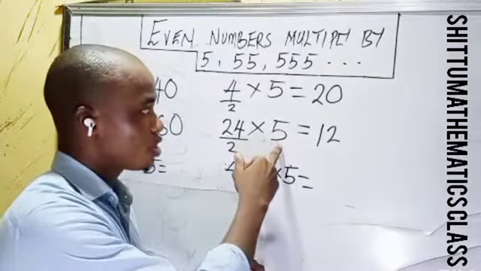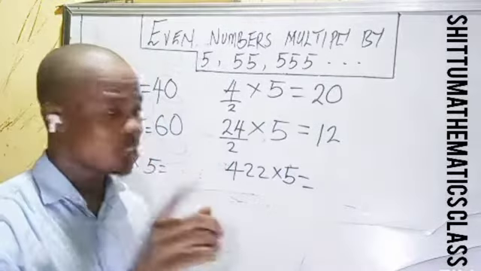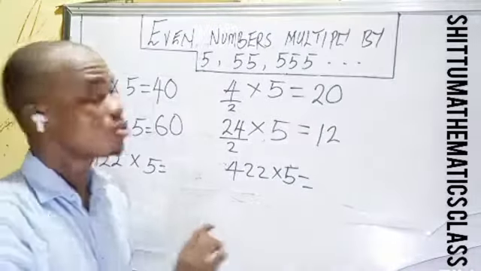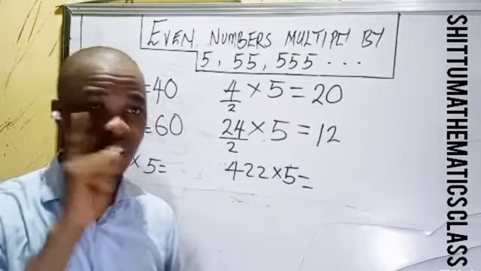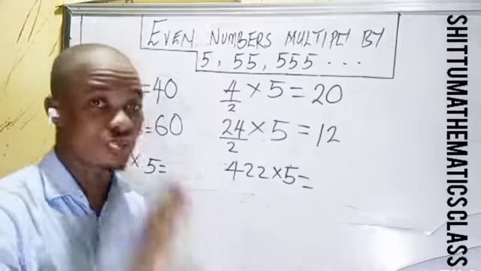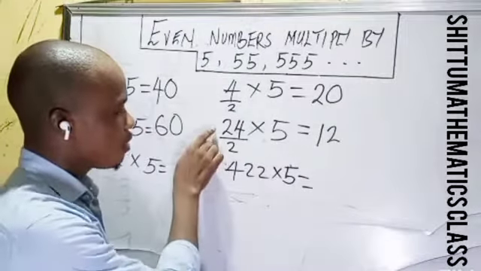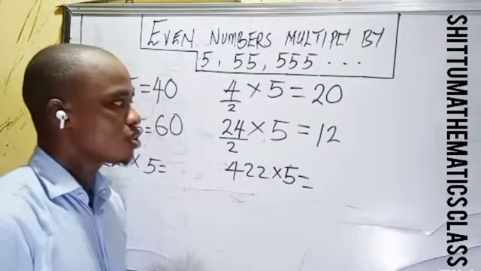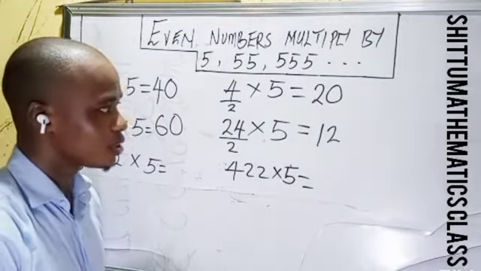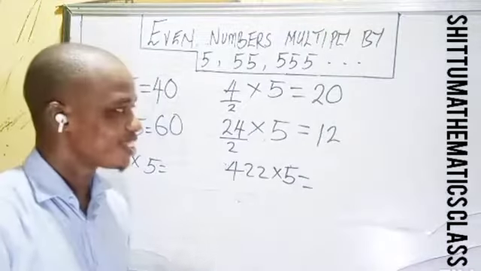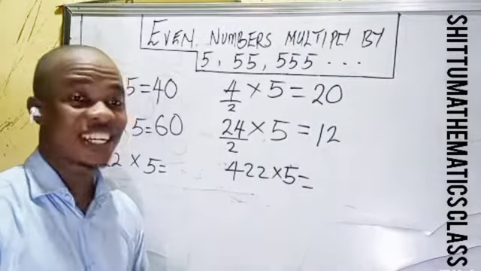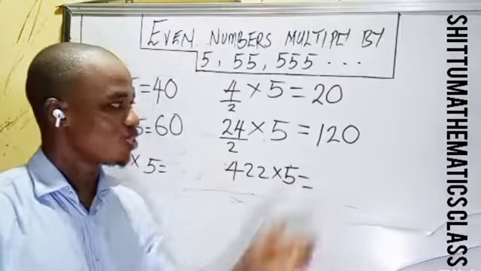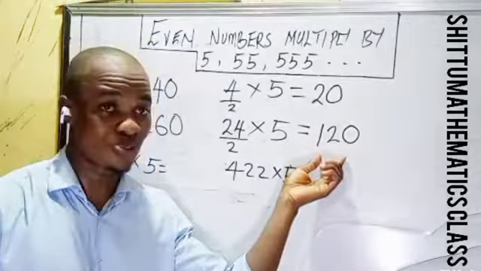The difference from this and this is that when we divided the earlier numbers by 2, we had a single digit, which is 1 digit. But here, when we divide this 24 by 2, we have 2 digits, which is 12. So what we are going to do now is very simple. Write the 12 down and add 0 to it. Very simple. Can you see? We have 120.